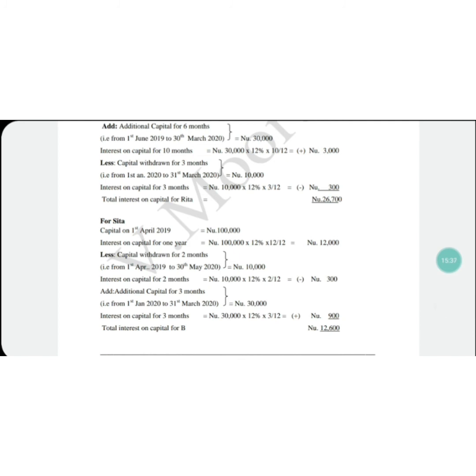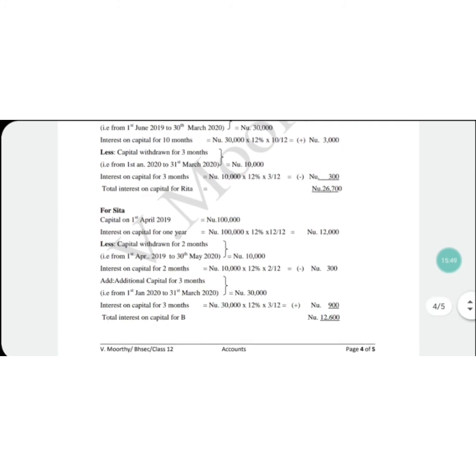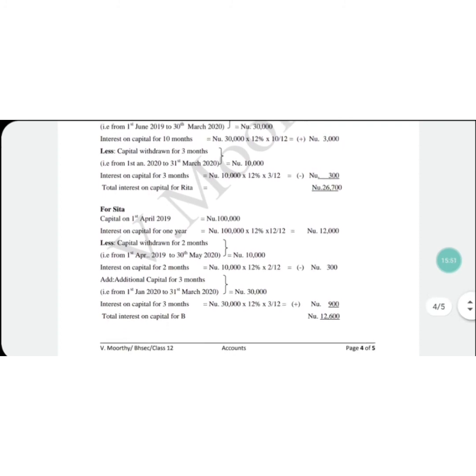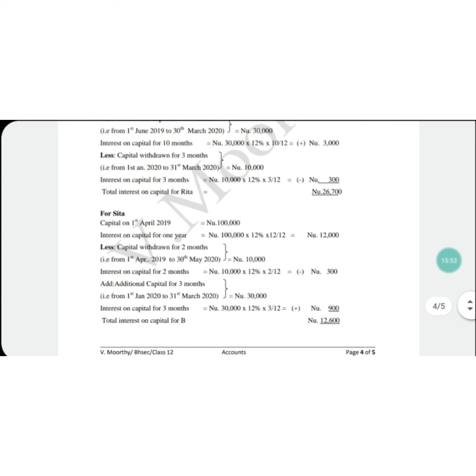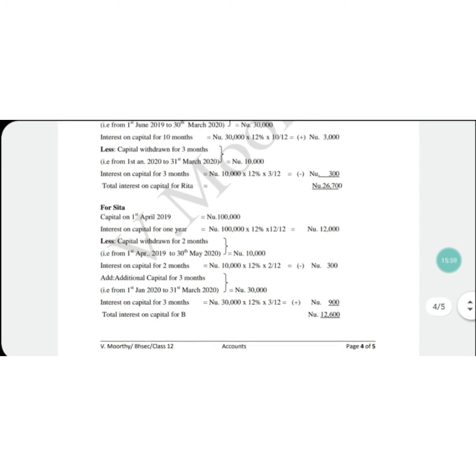So 30,000 times 12% times 3 divided by 12. When capital is withdrawn, the interest on capital has to be deducted. When capital is introduced, it has to be added, and the total comes to 12,600. So you can understand how the interest on capital is calculated when additional capital has been introduced by one of the partners and capital is withdrawn by the partner.